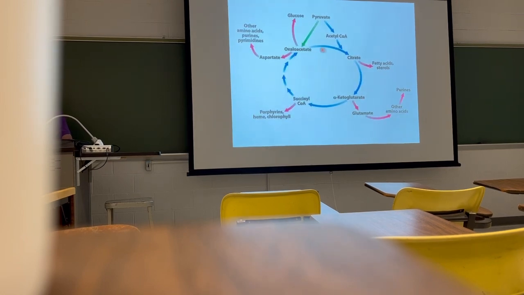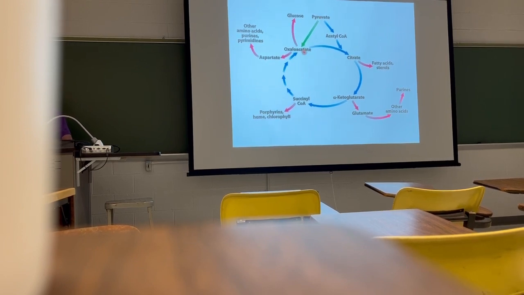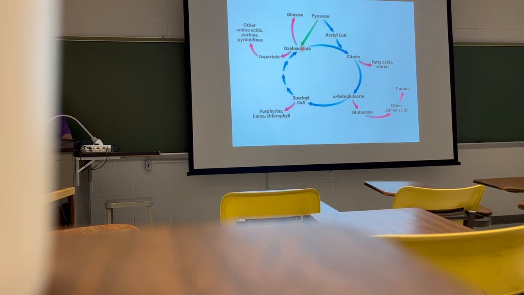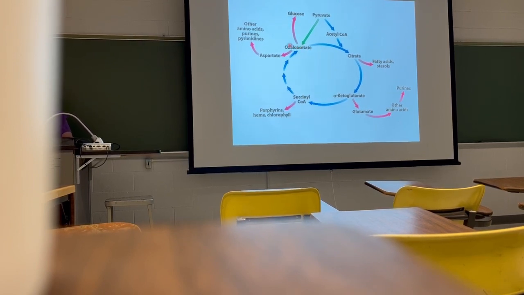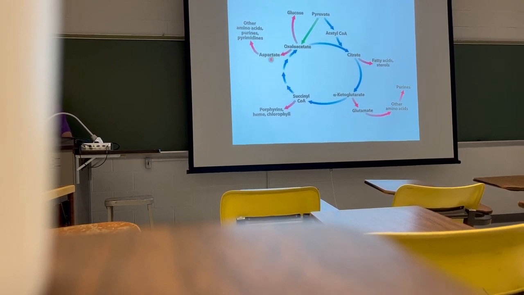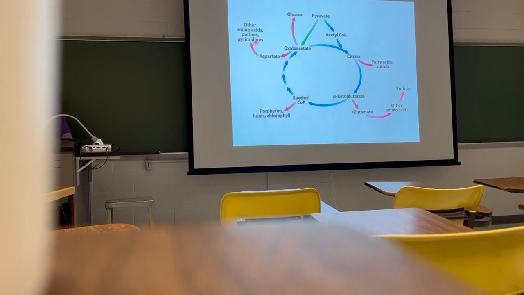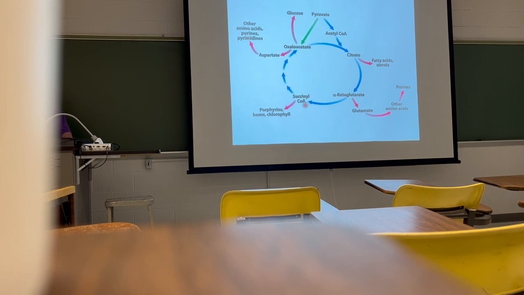Here's the little diagram of the pathway. Oxaloacetate, the starting point, is made from pyruvate. It can be used then to make glucose through gluconeogenesis. Oxaloacetate can also be used to make the amino acid aspartate, which is a starting product for making some other amino acids and some nucleotide bases, purines and pyrimidines. Succinyl-CoA is a precursor for making porphyrins.